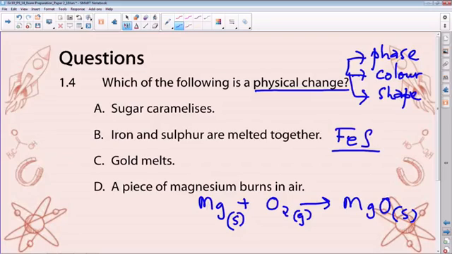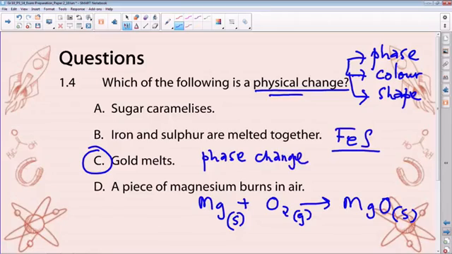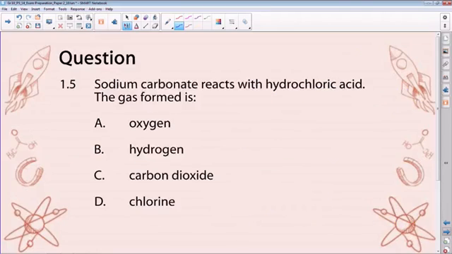So in other words, the one that suggests that it's a physical change is melting, which has to do with a phase change. So this is a typical example of a physical change. Okay, that said, then it says here sodium carbonate reacts with hydrochloric acid. Chemical formula, very, very important.